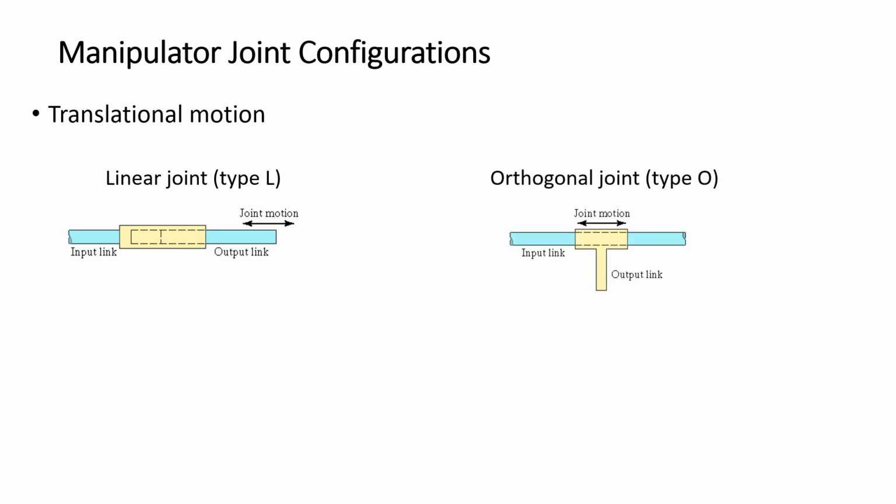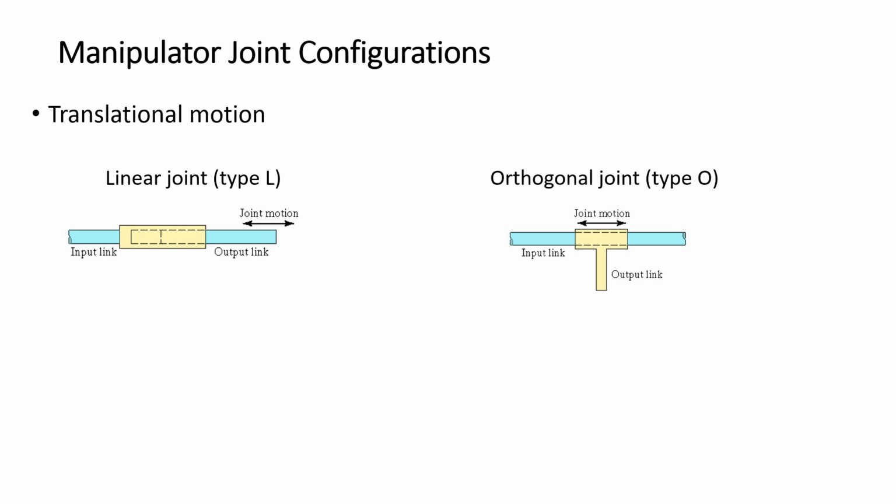You can see the configuration of the input link and output link has changed, and that's why it is called an orthogonal joint. This is denoted as type O, and this as type L. These L and O notations are important because moving forward we will see the different configurations of the robots, and these notations will play an important role.